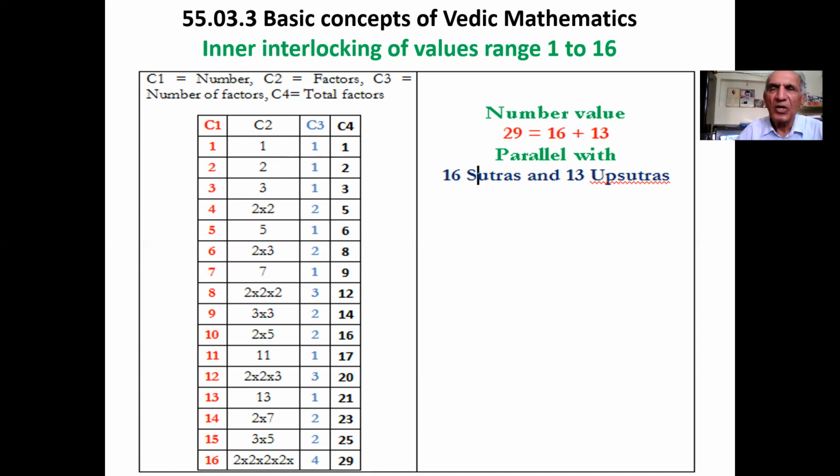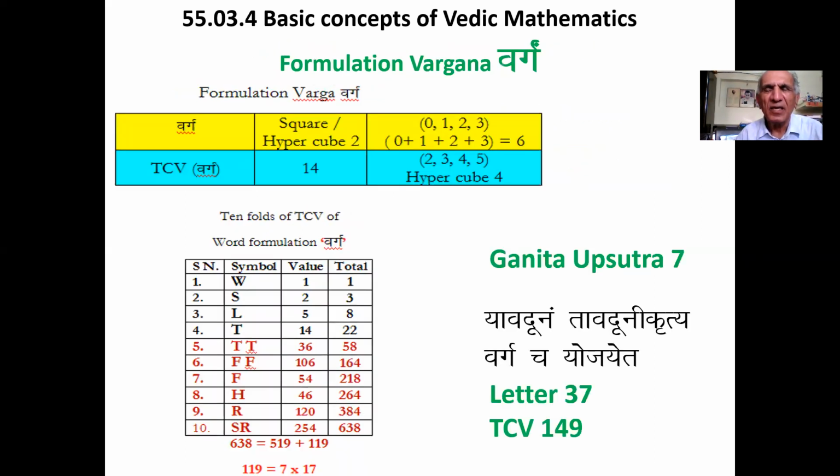With it, we will be having a conscious attention pointer as that the text of Ganita Sutras and Upsutras is having only one manifested format, that is of formulation Vargam.